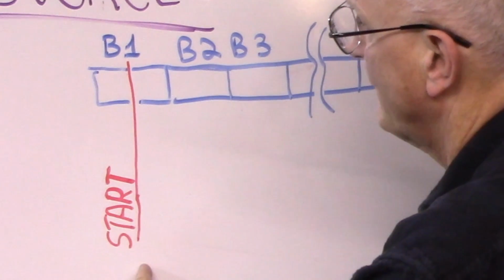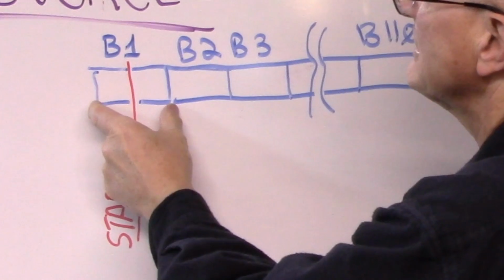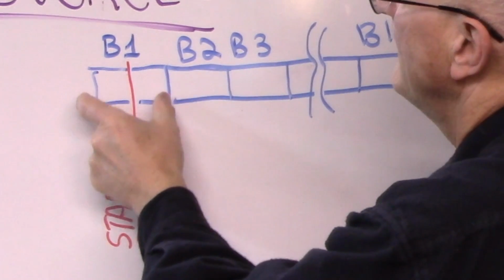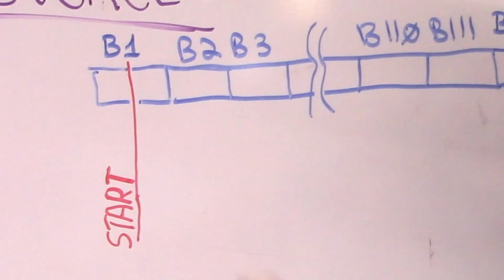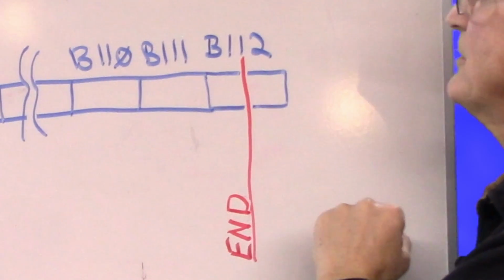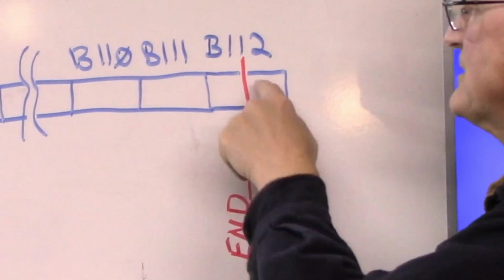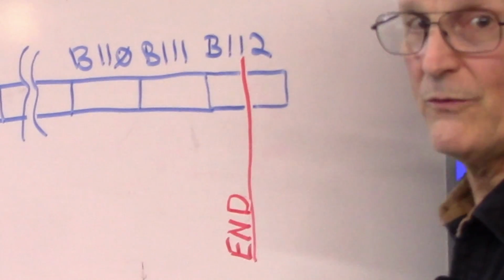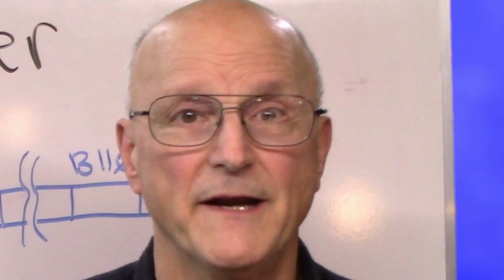So we have the start frequency, we have the first bucket, its center is right on the beginning here at the start frequency, and on the other end, the last bucket, bucket 112, its center straddles the end frequency, whatever it is that we have specified.